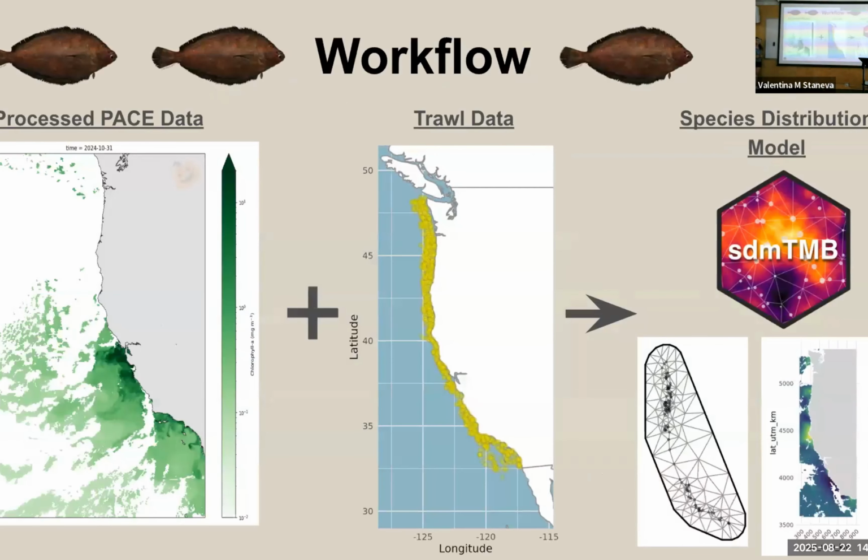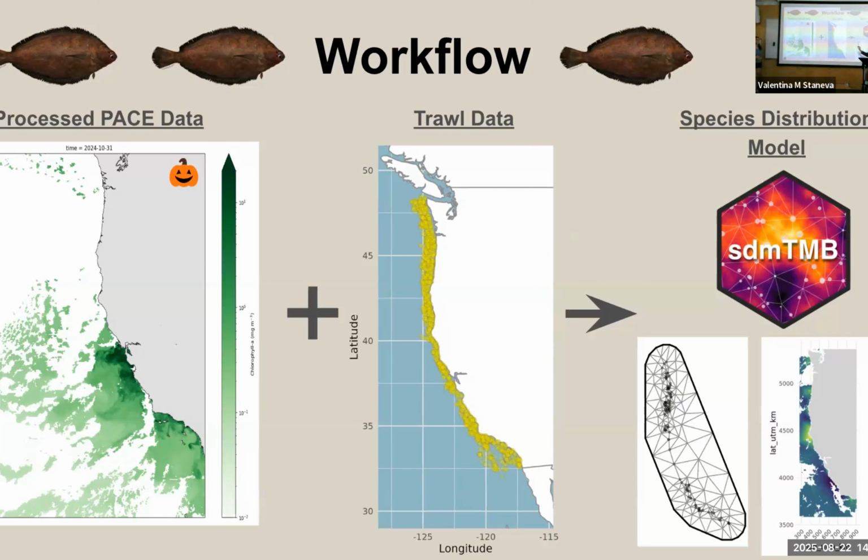So in order to do that, we have to begin processing this data. So for the PACE data, I got it from NASA's OCI, Ocean Color Instrument, and I was able to create a code that queried whatever dates I wanted. So for this sake, for the West Coast, we wanted the West Coast dates from late spring to early fall. And they came as daily files, and we were able to stack them and put them into an xarray.